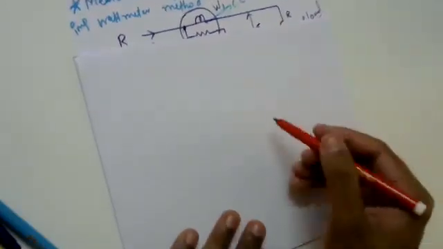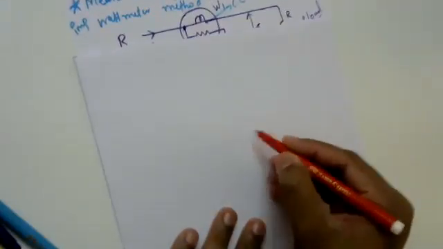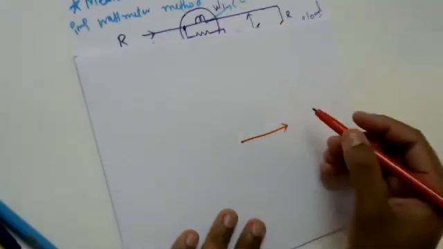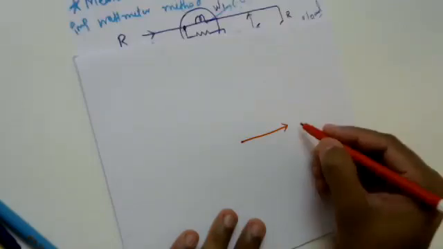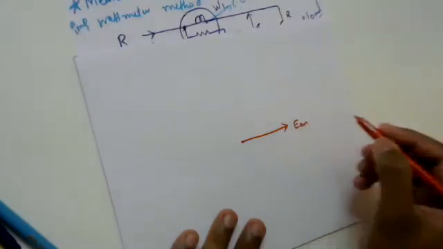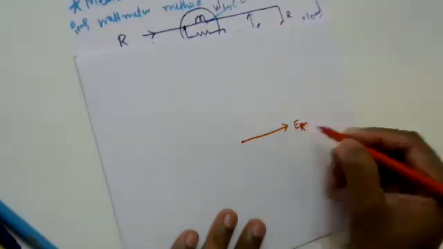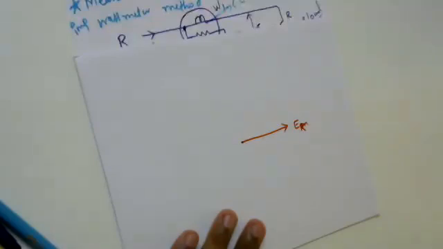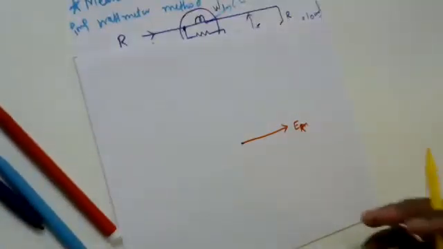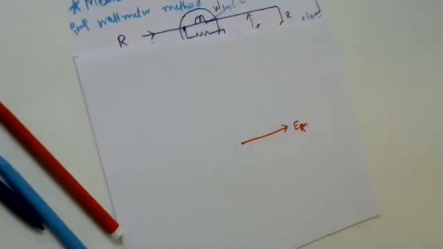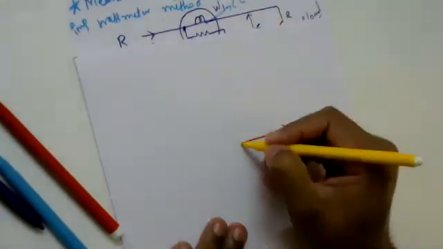Let me say this is a vector, this is my origin. This is my ERN, with respect to the R phase. Then the Y phase has to be phase shifted by 120 degrees, right? Then I can show my Y phase.